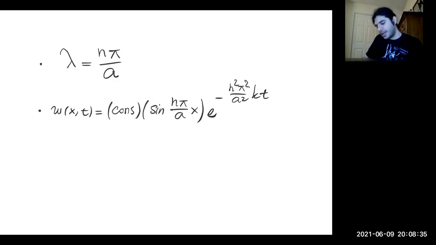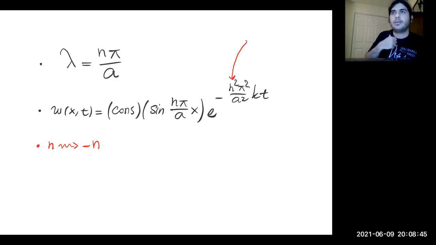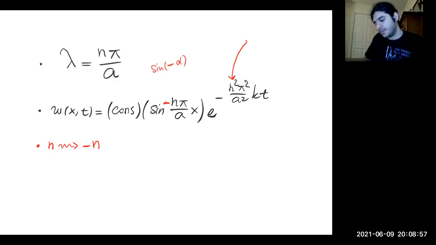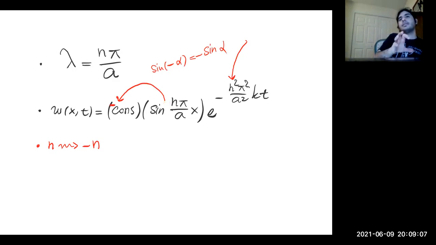Now, if we change n to minus n, that is another solution, but that doesn't change anything here, right? We're squaring that thing. So n squared is equal to minus n squared. We would get a minus sign in the sine, but you know sine of minus alpha is equal to minus sine of alpha. So this sign comes out. So I can erase this sign from here and write it here. But minus a constant is another constant. So that's not anything new.